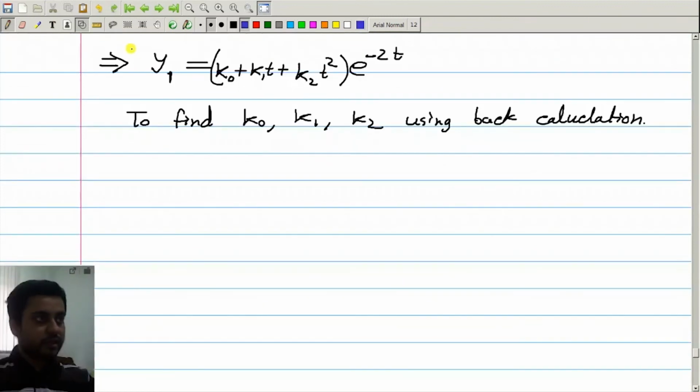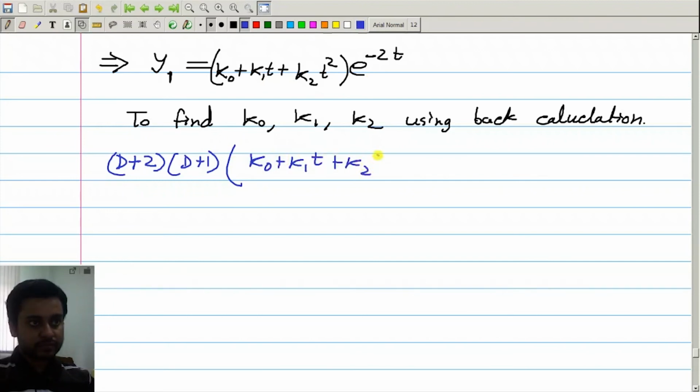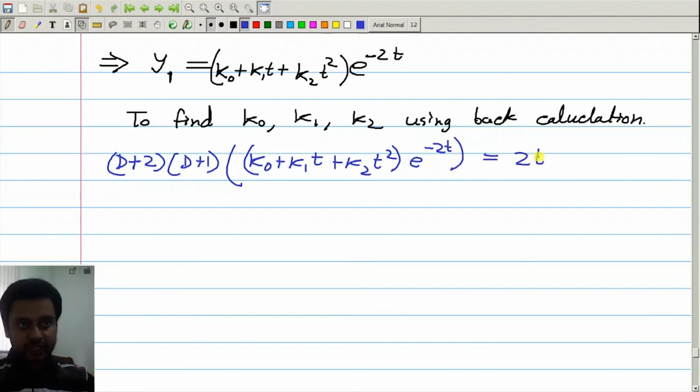Okay, so now we write D square plus 3D plus 2 acting on y1, where y1 is this, should be equal to 2t e to the power minus 2t. That is the given input.